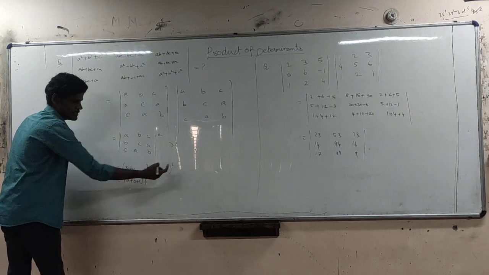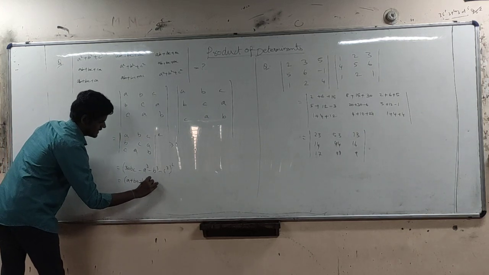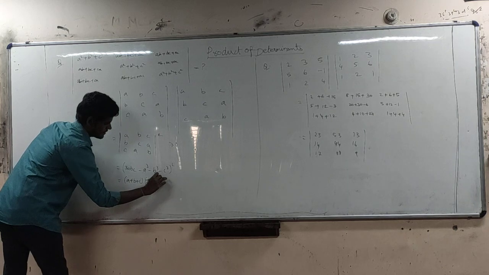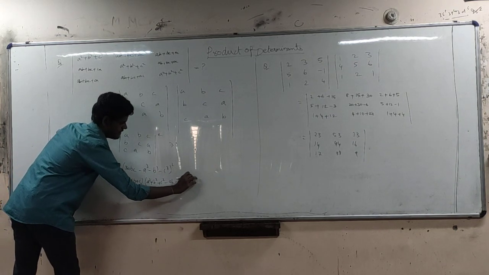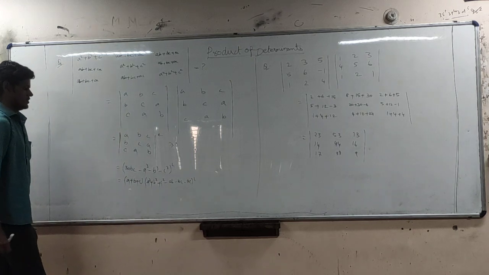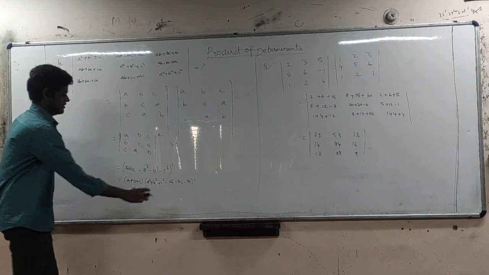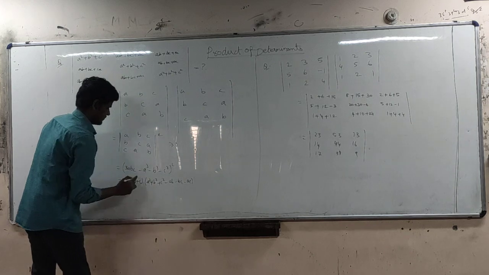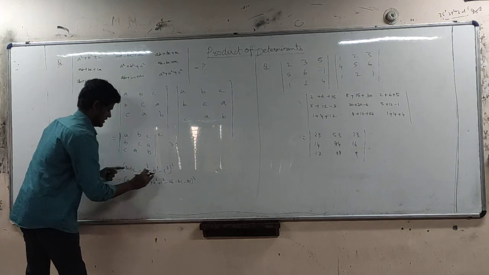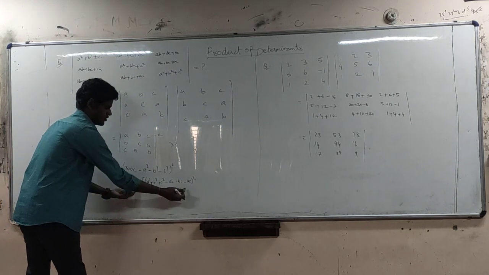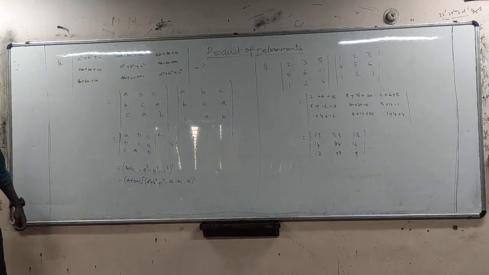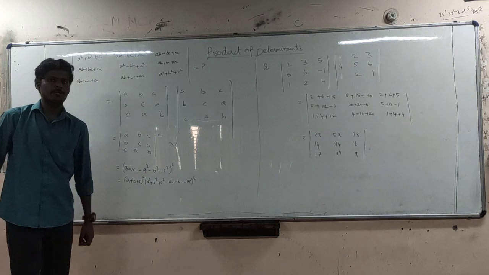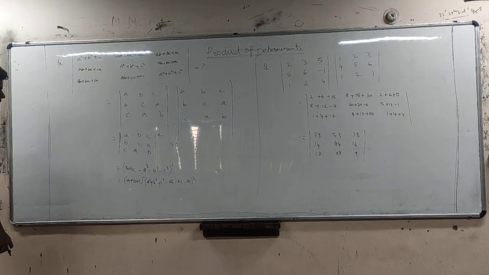Because it is squared, I am writing like this: a square plus b square plus c square minus ab minus bc minus ac, whole square. Because this term is split into 2 factors and we are squaring here. So this is the answer for us. Clear?